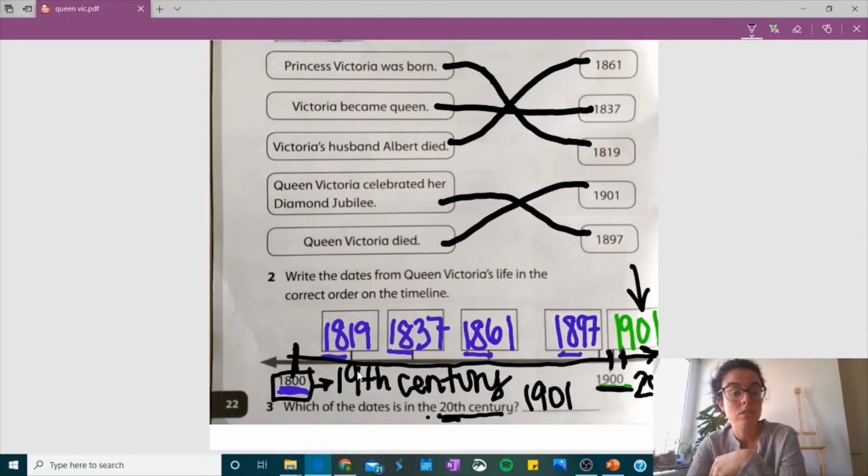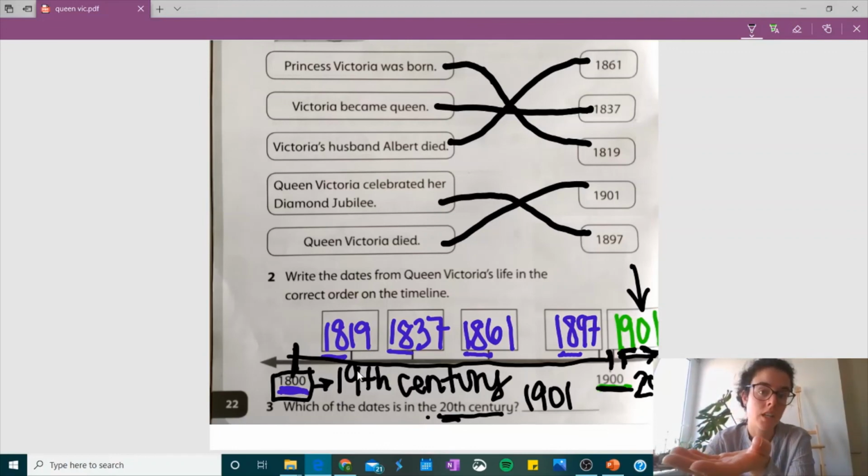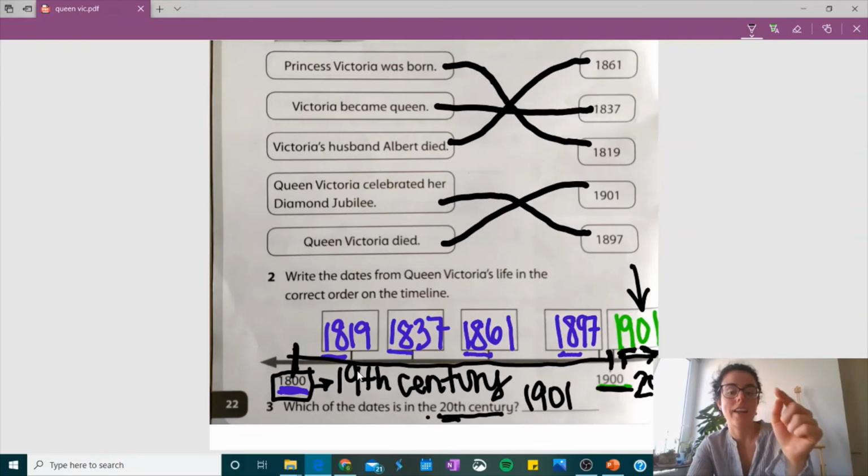And now we're not in the 1900s, we're in the 2000 something. So 20 plus 1 is 21. So Miss Gia was born in the 20th century, and now I am alive in a different century, in the 21st century.